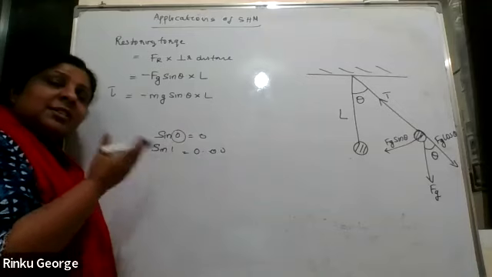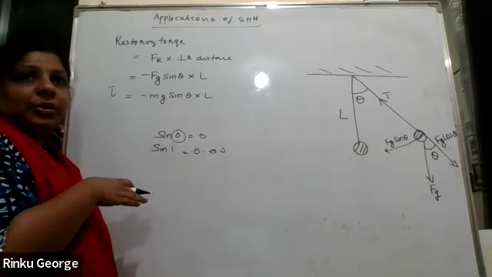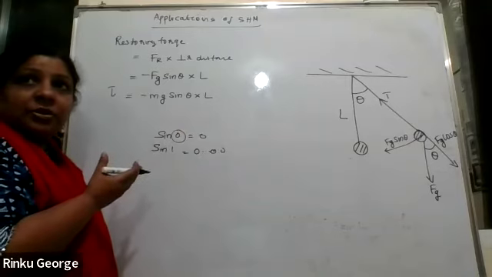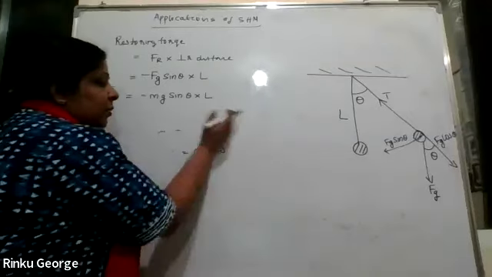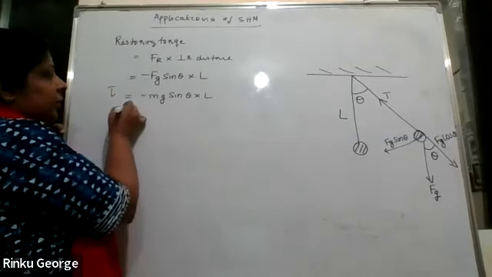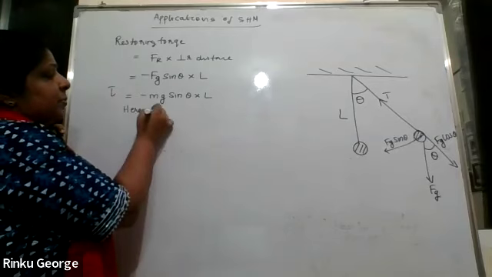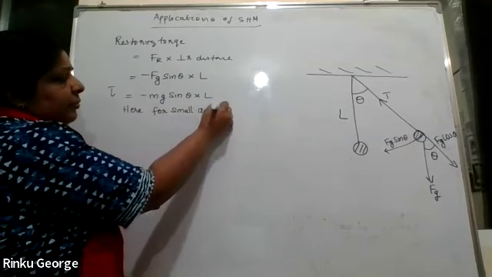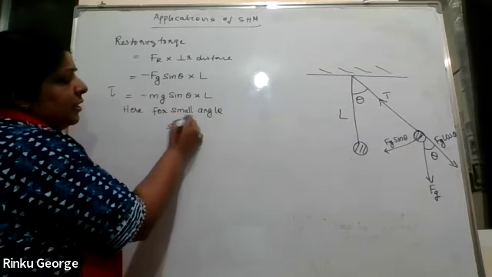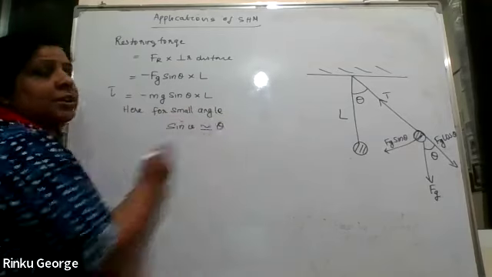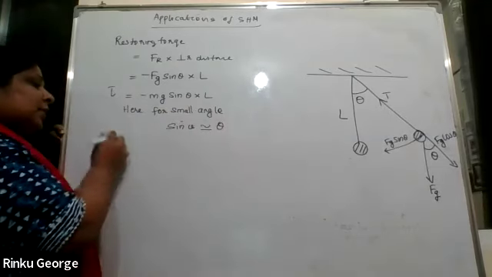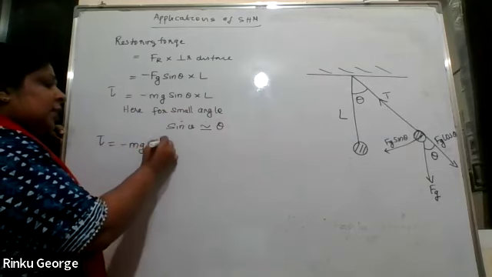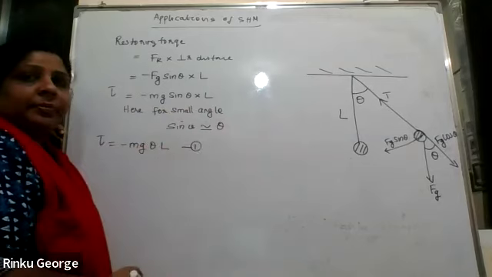Similarly, this is applicable for tan also: for smaller angles, tan theta is also approximately theta. Understood? So for small angles, we approximate sin theta as theta. So torque is equal to minus mg theta into L. Equation number 1.